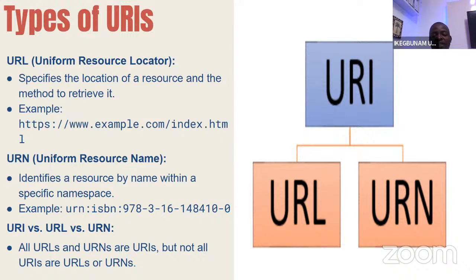So let's take a look at the difference between URI, URL, and URN. So basically, URI is the parent of URL and URN, okay? Because types of URI include URL and URN. So it's clear to understand that all URLs and URNs are URIs, basically because URL and URN are types of URI.